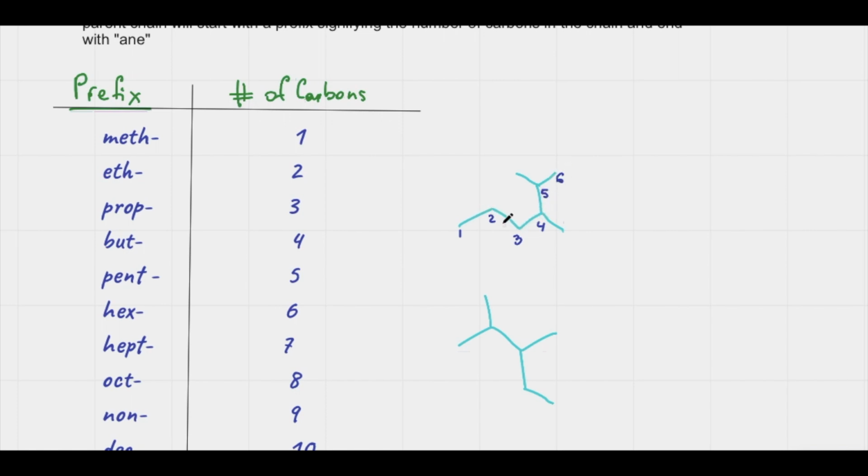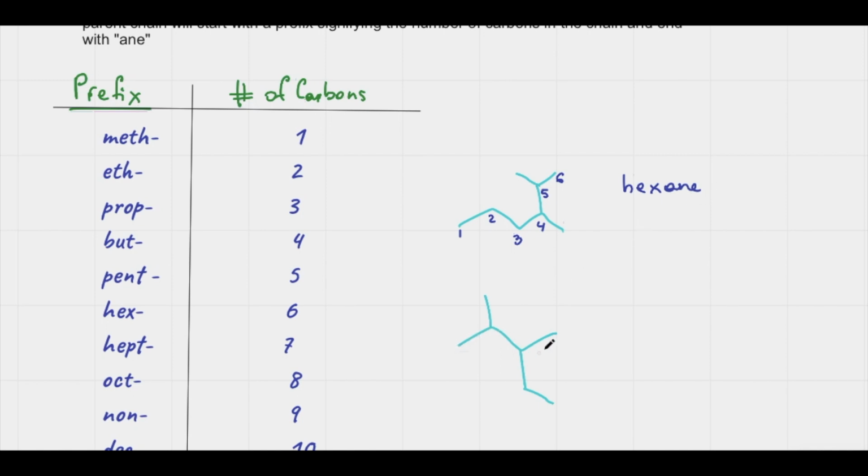And because it has 6 carbons on it, 6 is hex. So my parent chain will be called hexane because we're dealing with alkanes. The ending is -ane. So again, what we did here is we counted the carbons to find our longest continuous carbon chain. In this case, we had 6 carbons, so my parent name should be hexane.